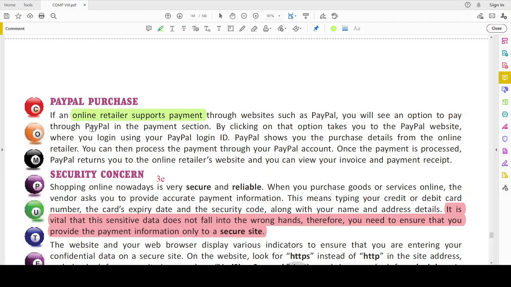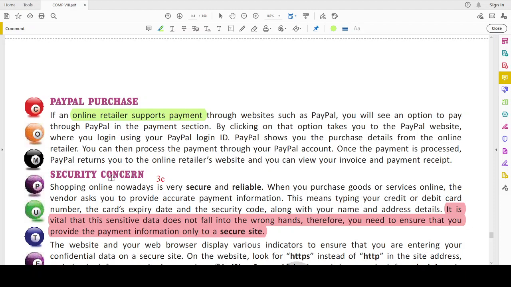So if PayPal payment is accepted by the online retailer, you can pay them through PayPal. Like GPay is there, PhonePe is there. You can also use PayPal for paying money to the online retailer.